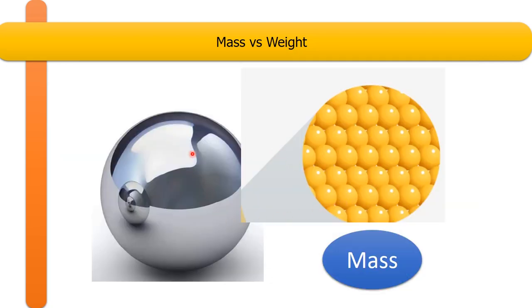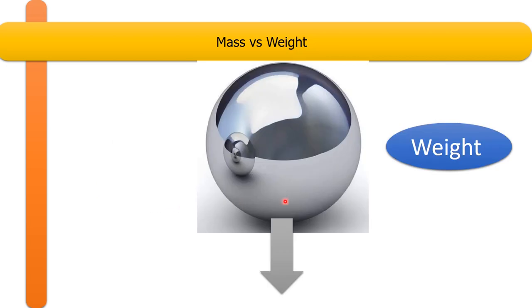Okay, if we return to this iron ball, the amount of matter is the mass. How much matter, how much atoms is the mass. But the force that pulls this ball downward is the weight.